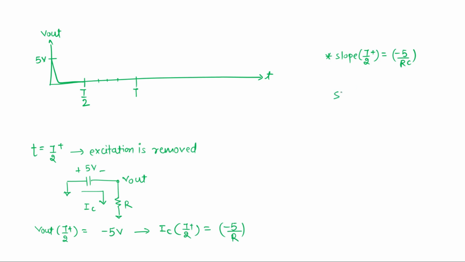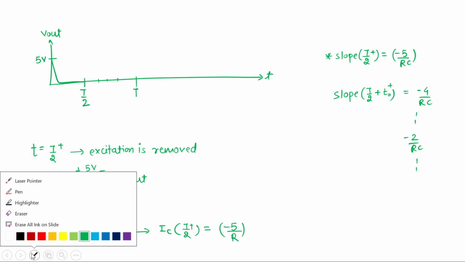I mean to say, at some instant, maybe the slope from T by 2 plus some T naught amount will be minus 4 by RC, then minus 2 by RC, or some value like this. So the slope is reducing. It simply means that suddenly at this point, T by 2, my output will reach minus 5, then again it will trace back.